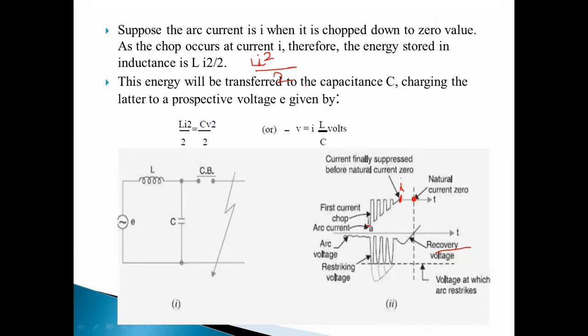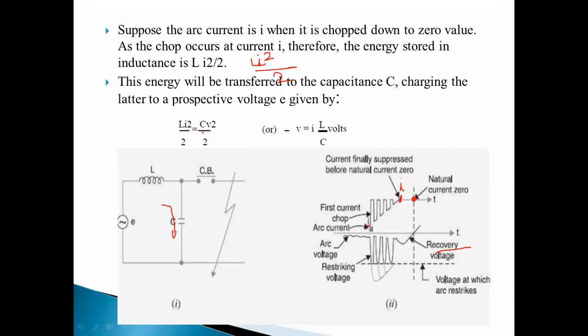Okay, and this energy will be transferred to capacitance C, charging the latter to a prospective voltage E. So it will charge, and the prospective voltage across that capacitor is given by L I square divided by 2, which is nothing but the energy stored.